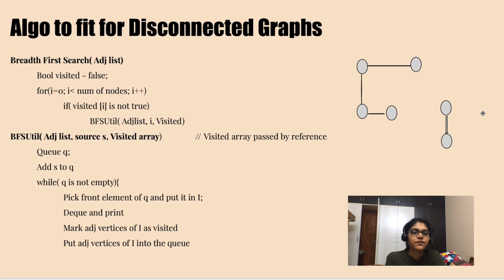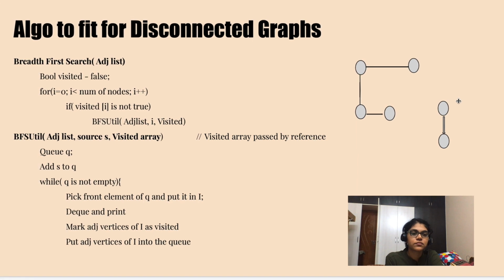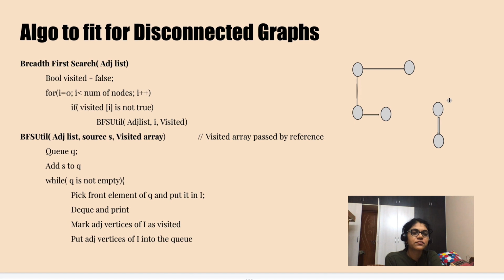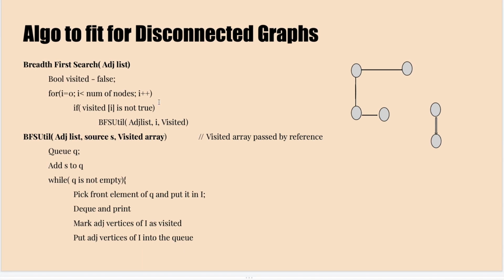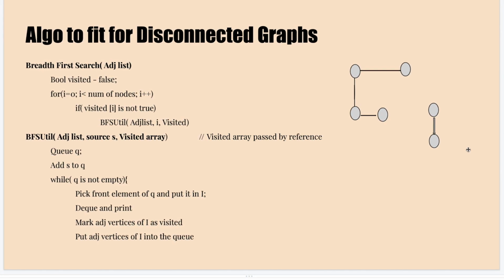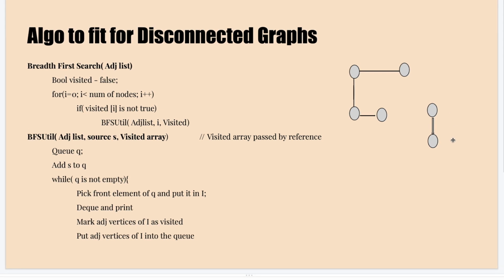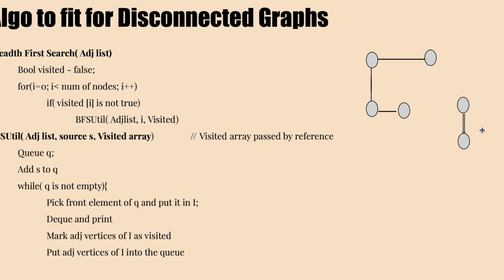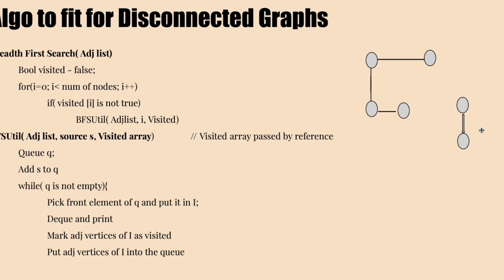Now we can identify that these two vertices are not visited from this for loop and pass any of these vertices to the BFS util function based on the order, and we can visit all the vertices of this component similarly.